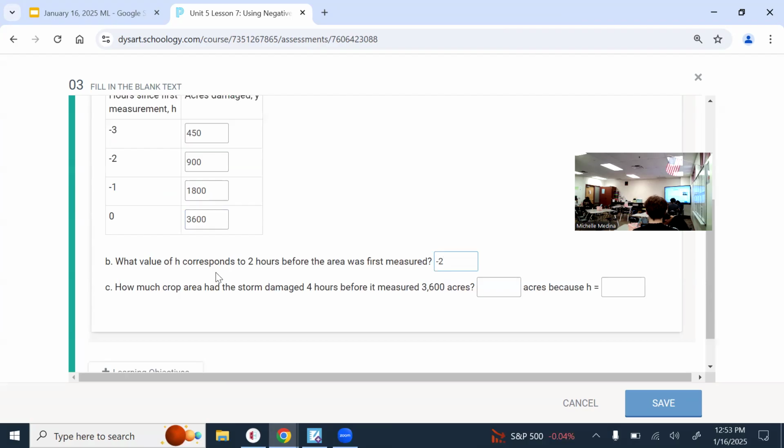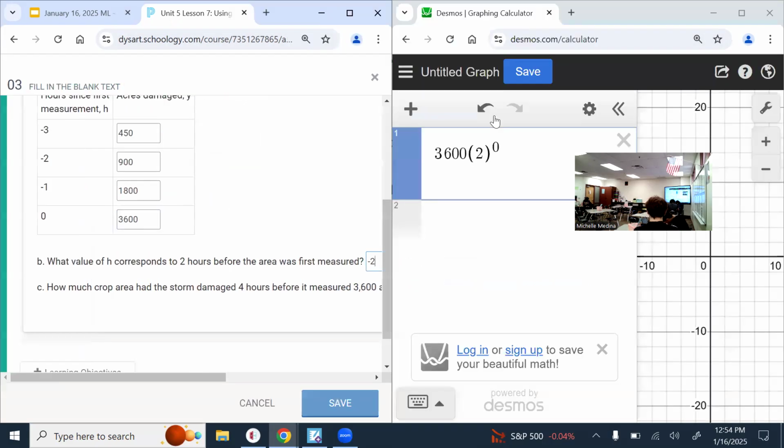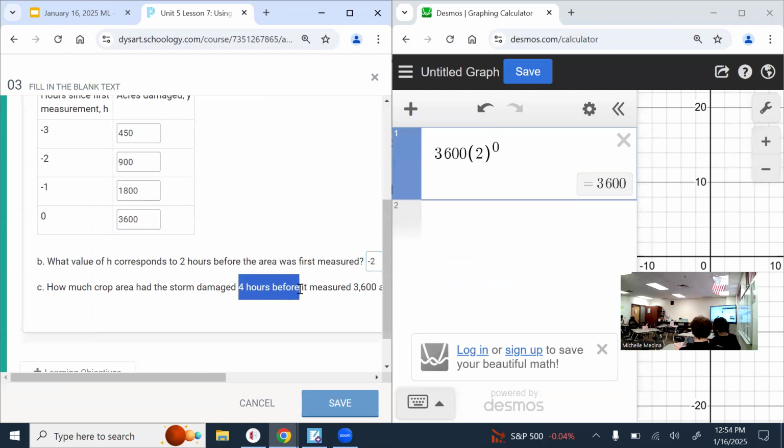How much crop area had the storm damaged 4 hours before it was first measured? That's where you go to your equation. 4 hours before, what does my exponent need to be? -4, which is 225. If you just put 4, that wouldn't make any sense. We're saying that the storm got rid of all those acres.